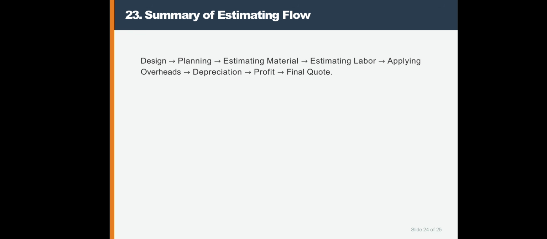So planning is very important for all cost planning activities. Then the third step is estimating material. Material is very important for the estimating cost flow. The fourth is estimating labor, which is important after the material estimation.